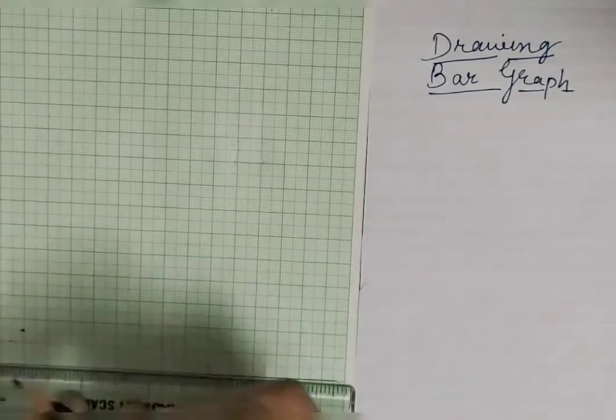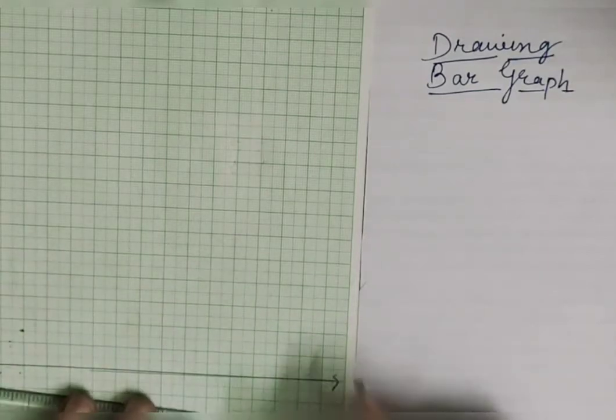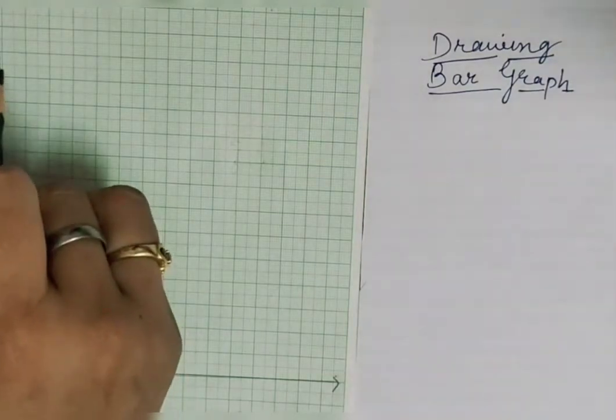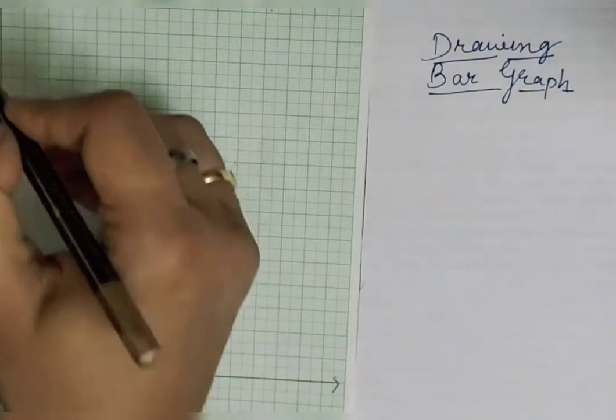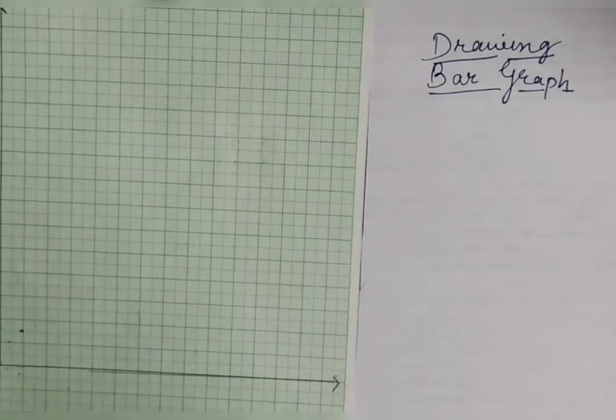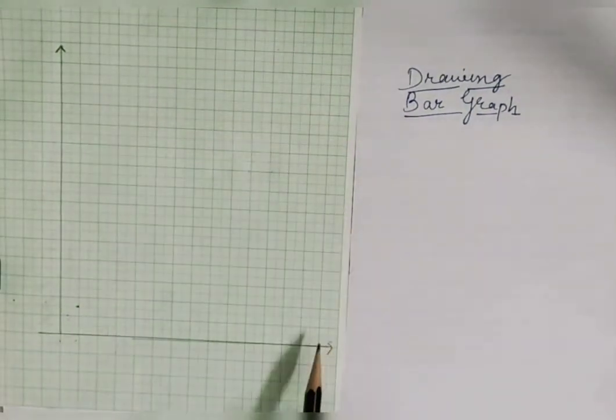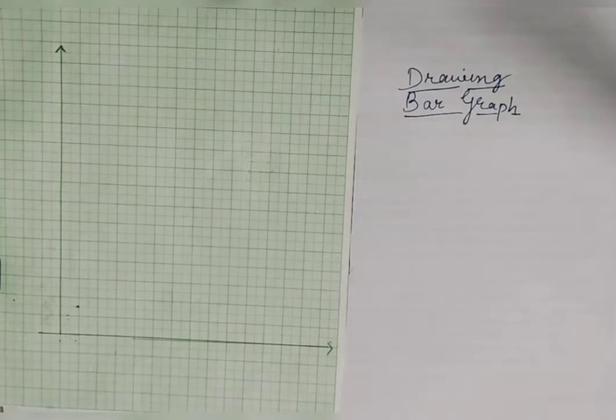They are at 90 degrees to each other. Like this, you can see I am drawing in front of you. Suppose I have drawn these two lines. So these two lines are perpendicular to each other.